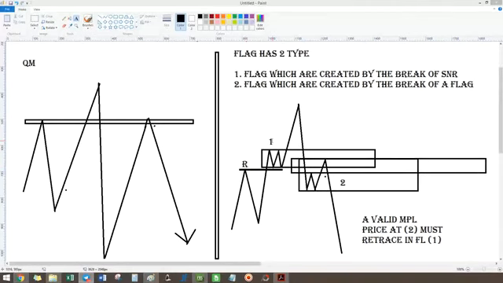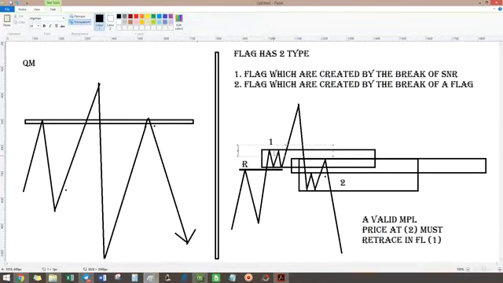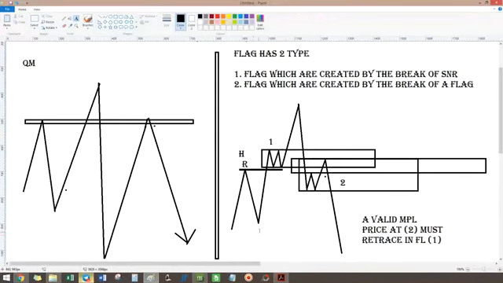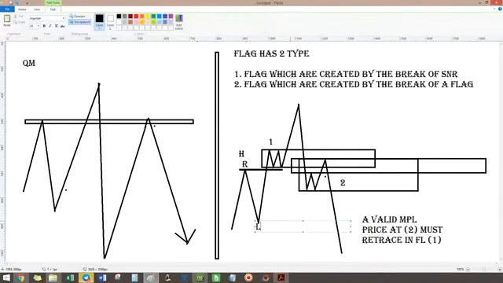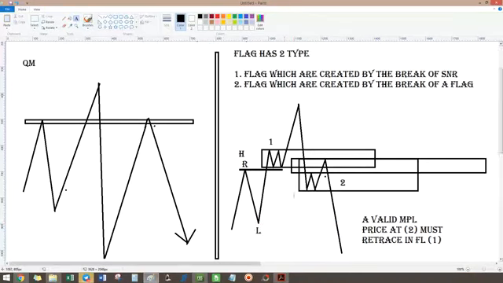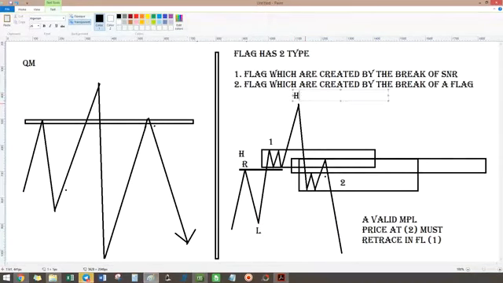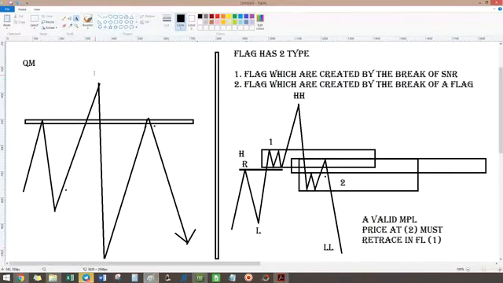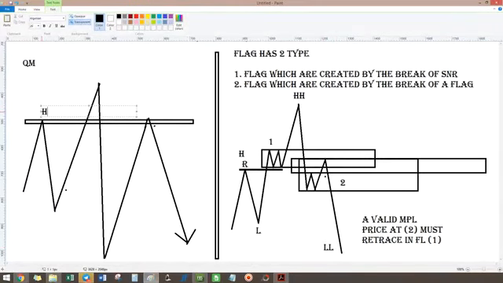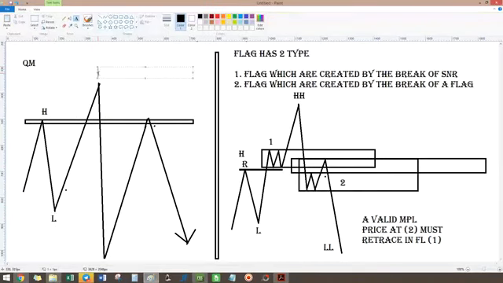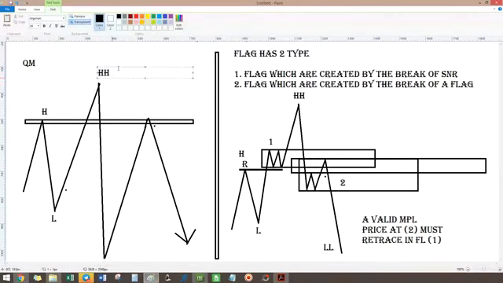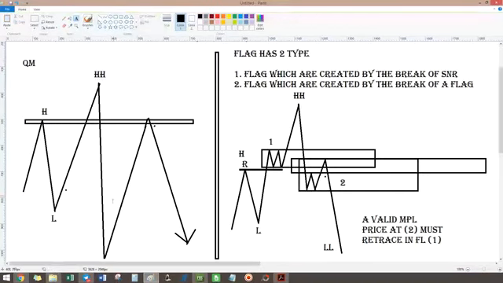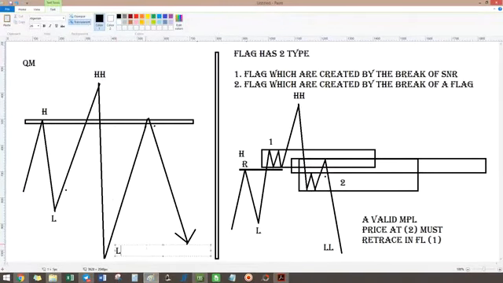Okay, so this is also a high, low, higher high, lower low. This is also a high, low, higher high, lower low.